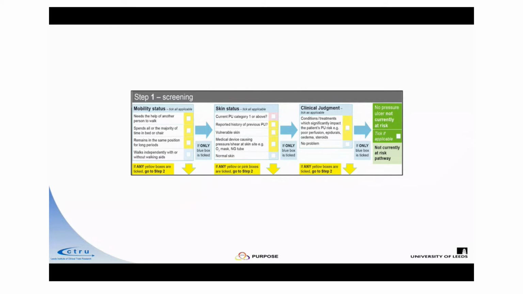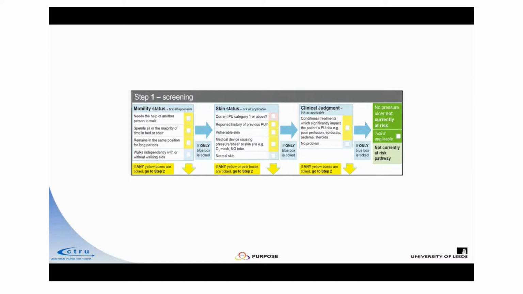So if you ticked any yellow box for the mobility section, you would automatically go down to step 2. But if you tick the box at the bottom, which is the blue box, where the patient walks independently with or without walking aids, you'd move over to the skin status box.